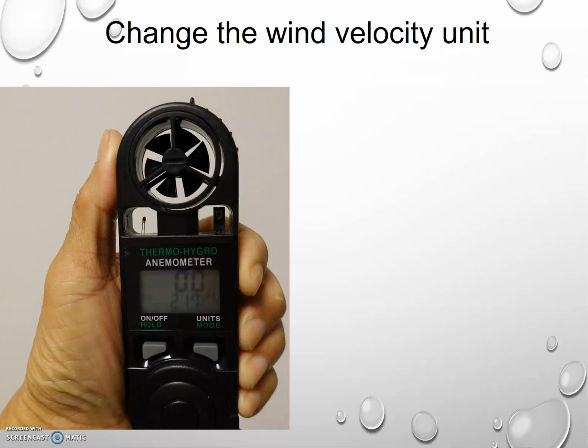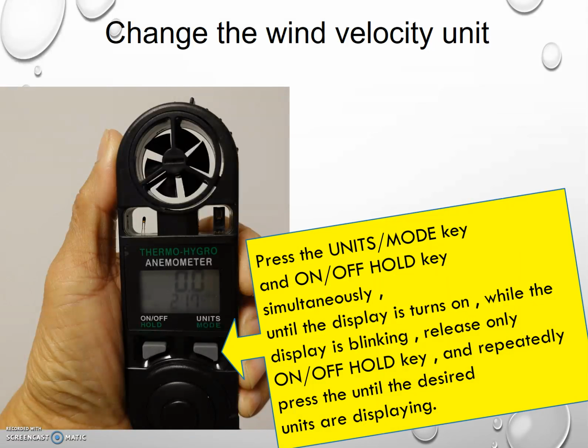Sometimes when you want to measure wind velocity, you should be very careful about the unit. You can press the unit mode key simultaneously together with the on and off key.